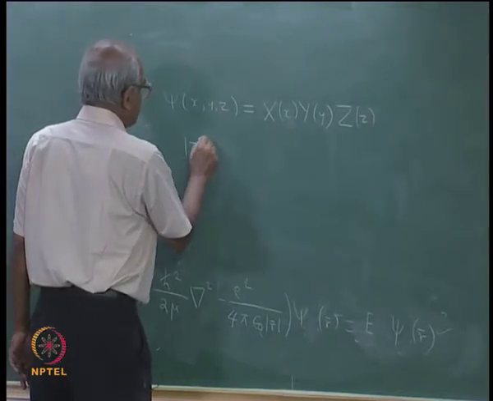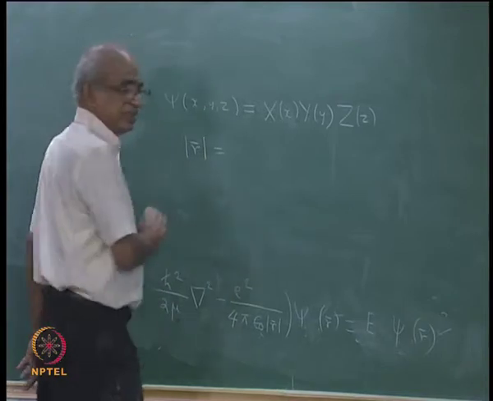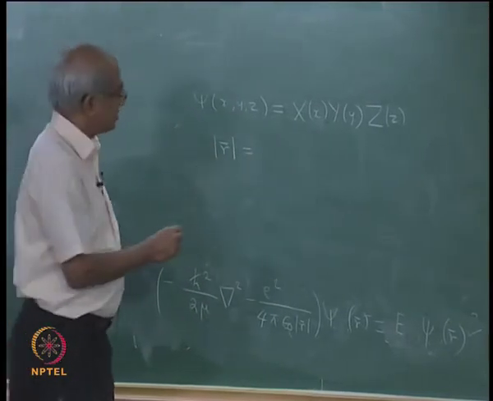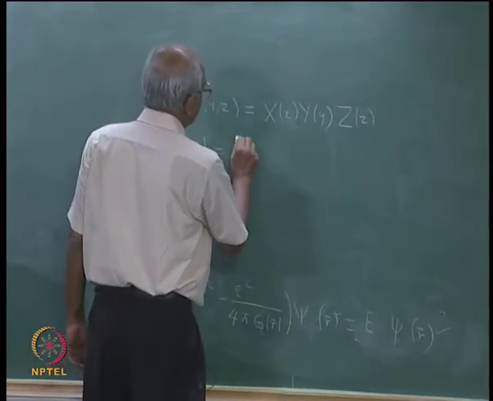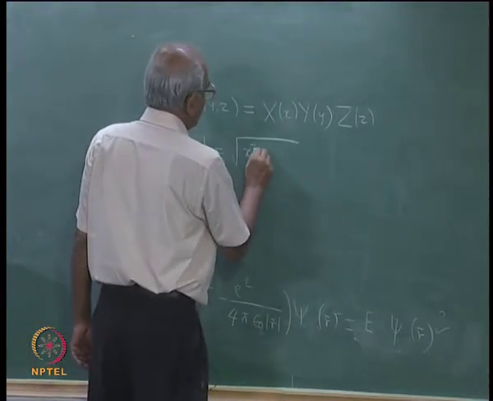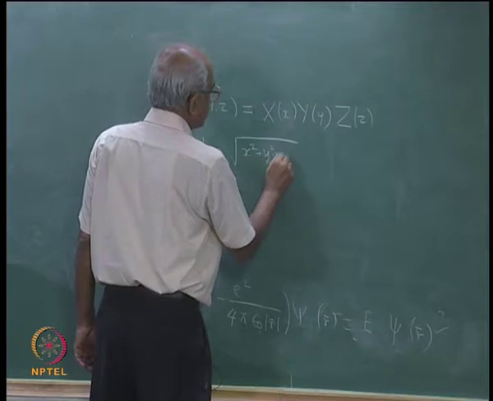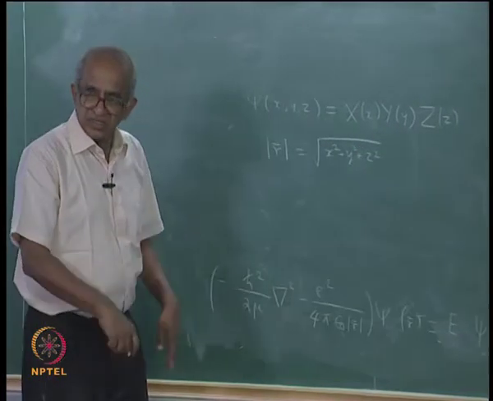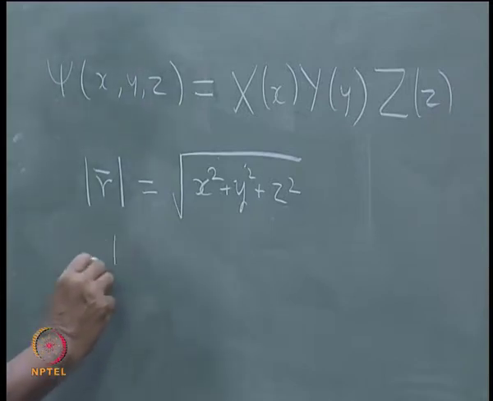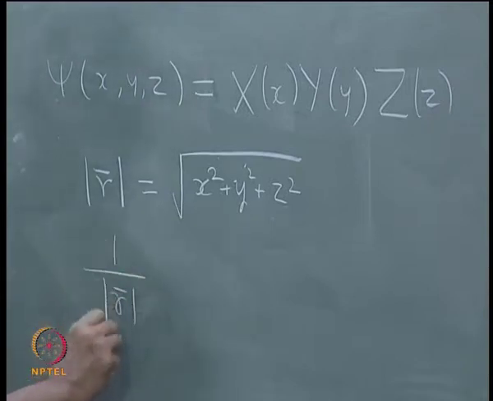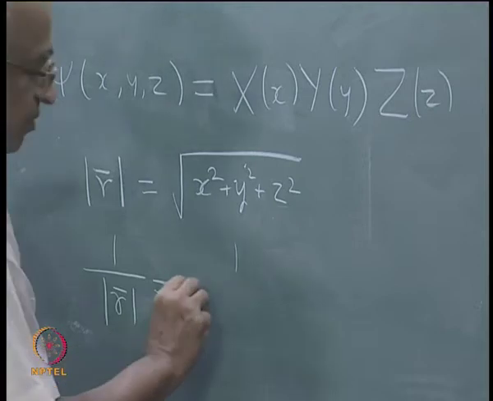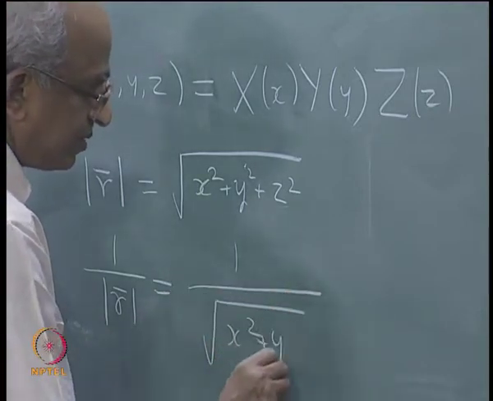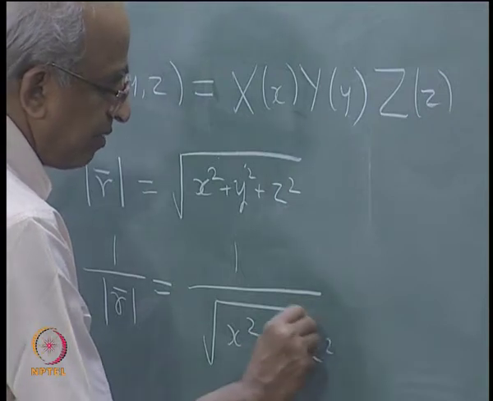R is actually the distance of the particle from the origin, and it will depend upon where the particle is, and the relationship is actually it is equal to square root of x square plus y square plus z square, and the potential energy actually depends upon 1 by r. So, it is actually dependent upon 1 by square root of x square plus y square plus z square.